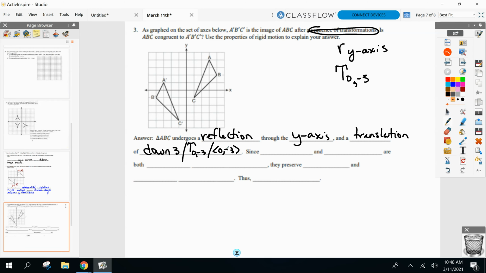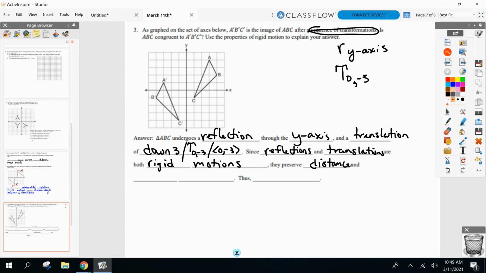Words or notations. And then after you tell me what you did, you say, all right, reflections and translations are rigid motions. They preserve distance and angle measure.